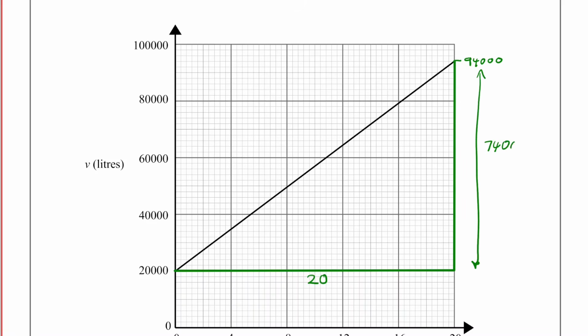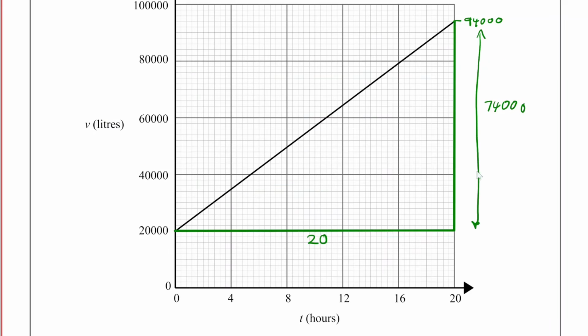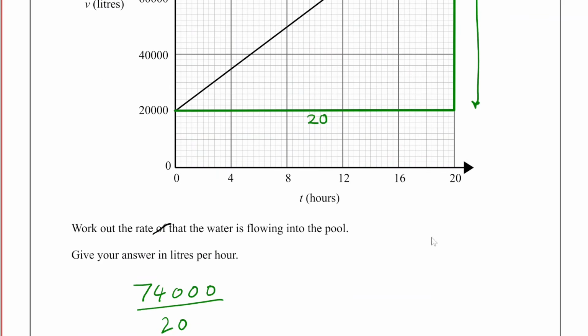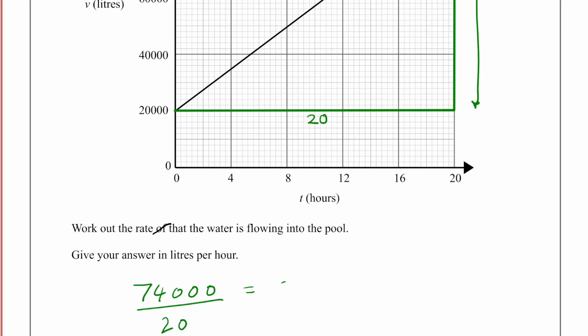So it's 74,000 litres in 20 hours, 74,000 over 20, the change in the y over the change in x. So how many litres in total over how many hours? 74,000 over 20 is 3,700 litres per hour.